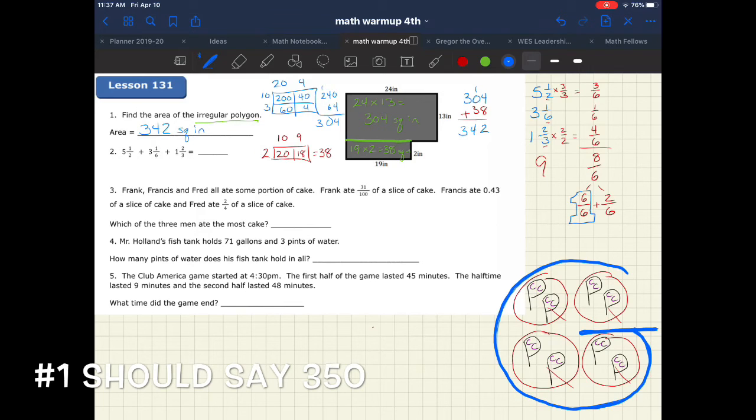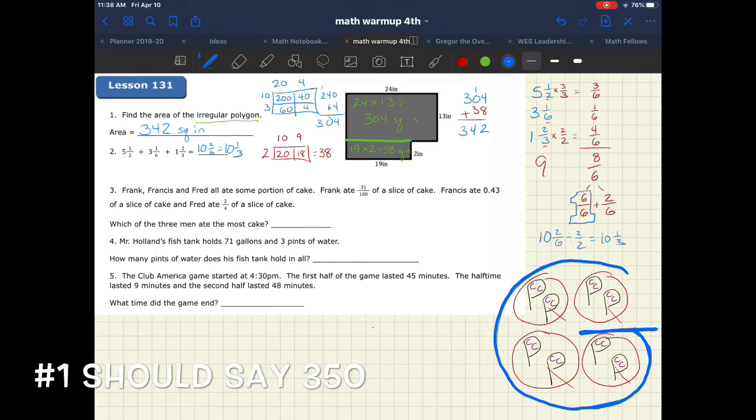Let's put that together with the 9, and all together I get 10 and 2/6. So I can say that all this adds up to 10 and 2/6. Some of you will probably have simplified this to 10 and 1/3, because I can divide 2/6 by 2 over 2 and get 10 and 1/3.